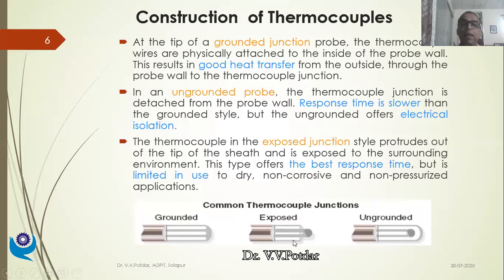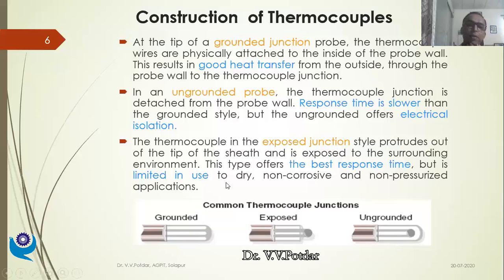The third one is the exposed type. The thermocouple in the exposed junction style protrudes out of the tip of the sheath and is exposed to the surrounding environment. This type offers the best response time, so there is no thermal inertia delay. The junction is directly exposed to the temperature source or heat source.